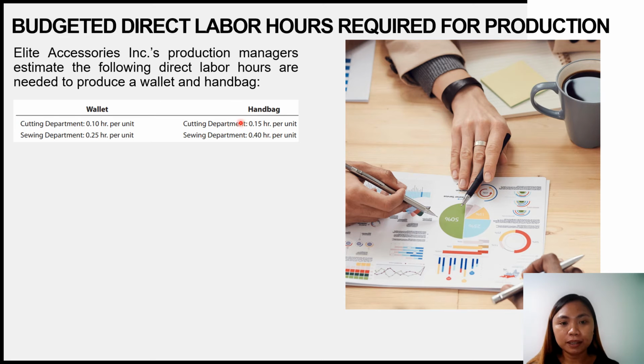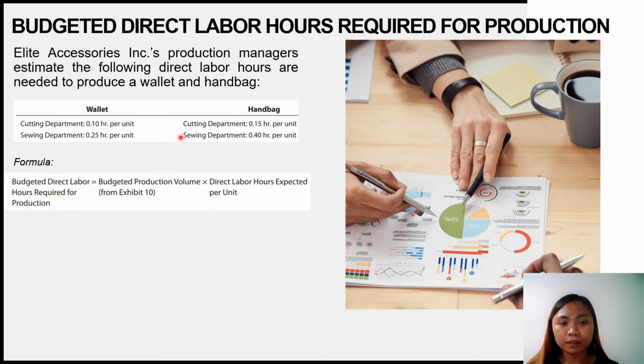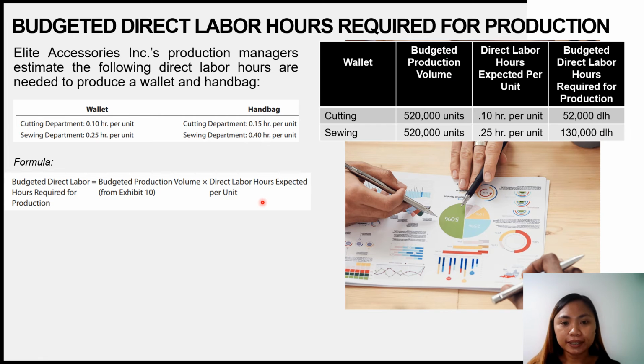For the handbag, 0.15 hour per unit is needed in the cutting department and 0.40 hour per unit is needed in the sewing department. To compute for the budgeted direct labor hours required for production, the formula is budgeted production volume times direct labor hours expected per unit. So this is for the wallet.